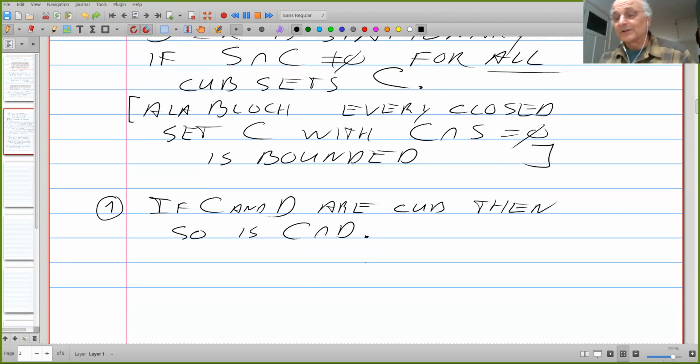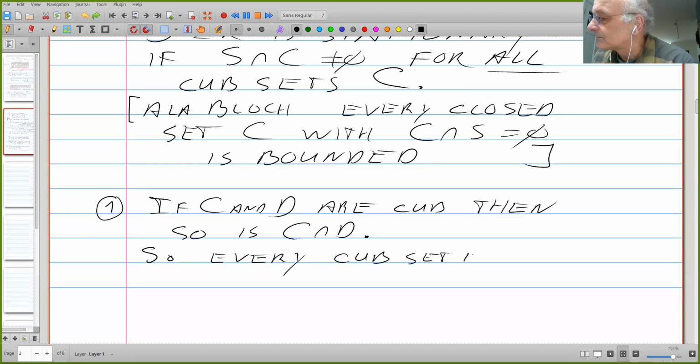Why is this important? Well, we can now conclude that we know many stationary sets, namely the closed and unbounded sets. Why? Well, every closed unbounded set intersects every closed unbounded set, apparently.